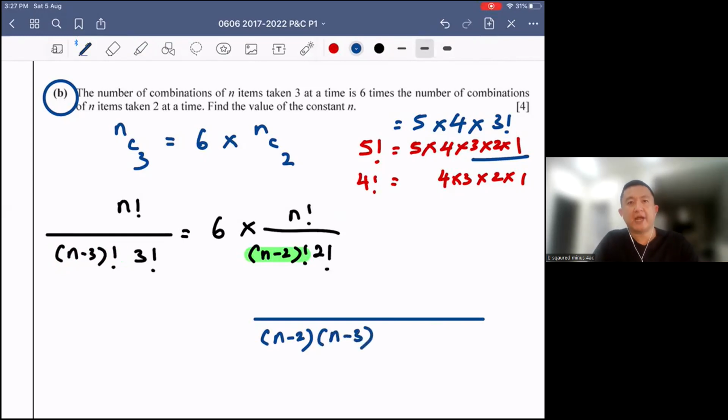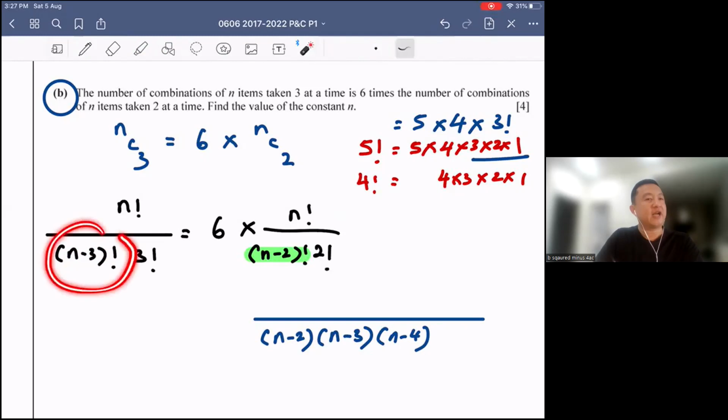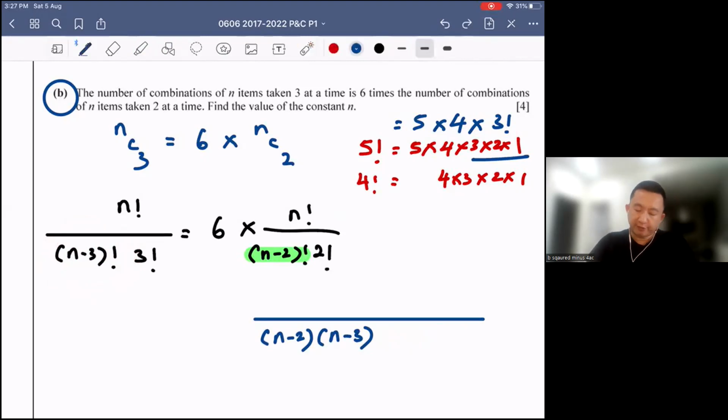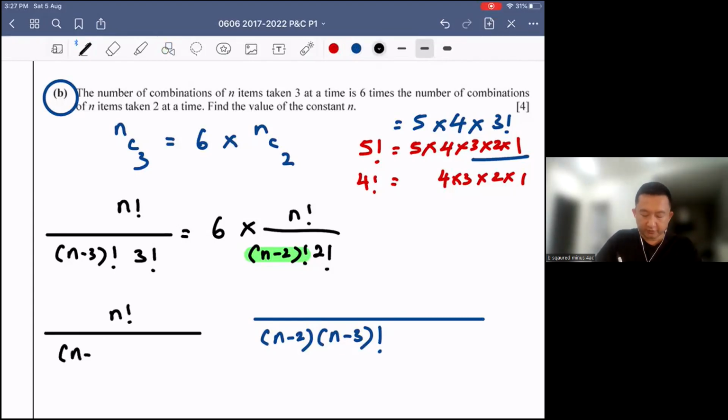I can go on and write n minus 4 here, but it's not going to help, because if you have a look on the left-hand side, it is n minus 3 factorial. So it will be good if you just stop at n minus 3, and then you put a factorial. Why? Because you can cut it off later on. You can cancel, you can simplify it. It's always about simplifying though.